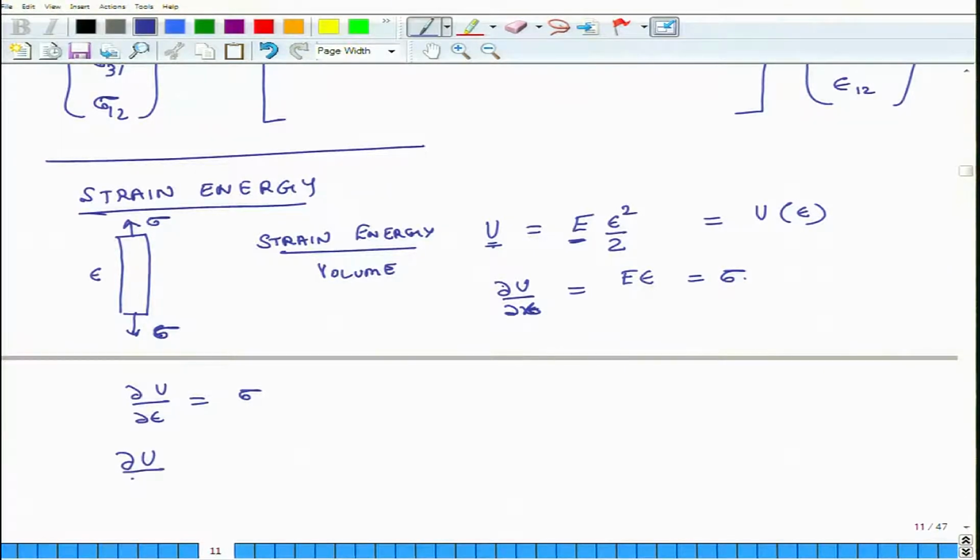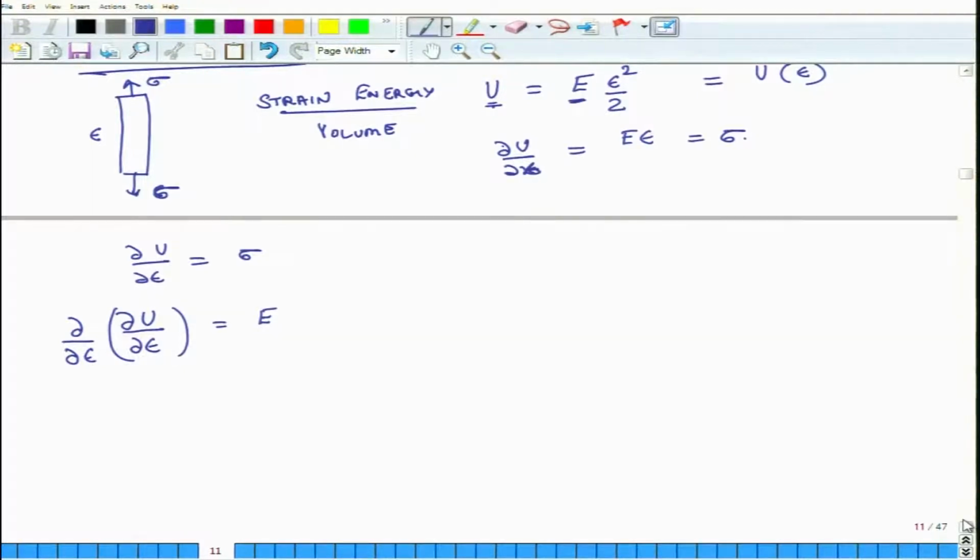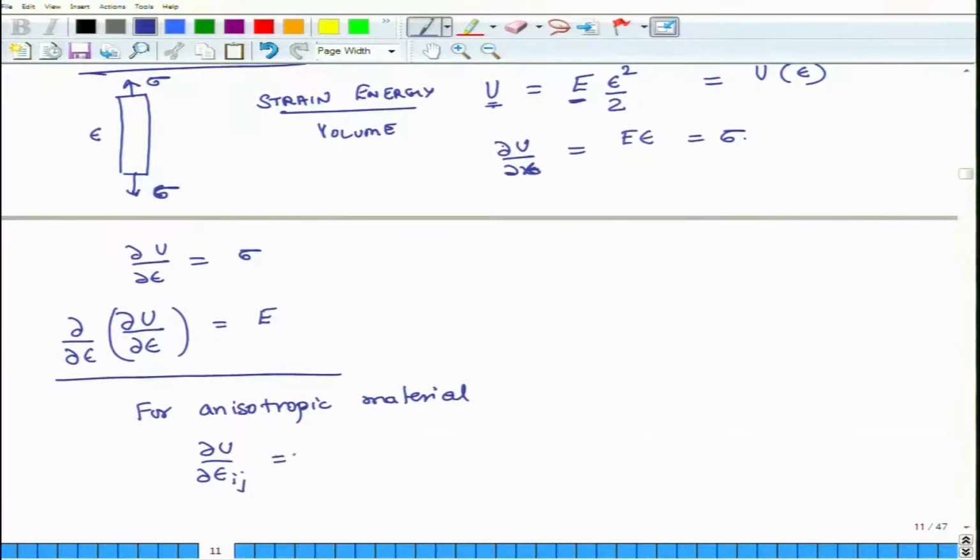If you differentiate it once again, then you get E. Now, this is for a very simple test specimen, but in general we can mathematically show, without making any approximations, that for a linear material, for an isotropic material, the partial of U with respect to the partial of epsilon ij gives us sigma ij.